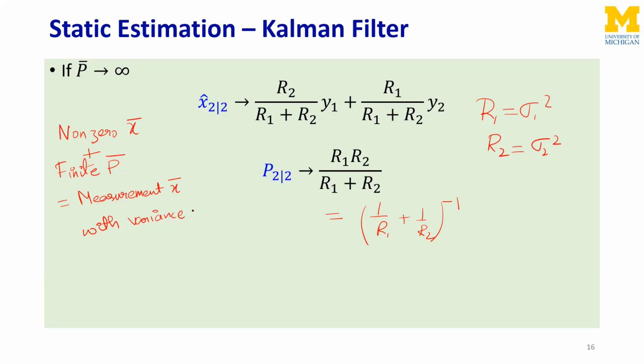So now instead of combining two measurements, I'm just combining three measurements where the third measurement is x bar and its variance is p bar. So the Kalman filter is exactly giving you what it's supposed to.